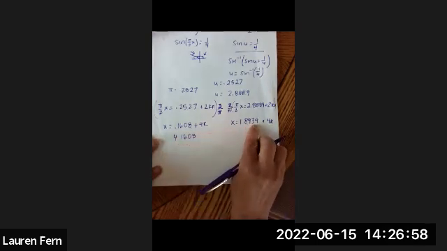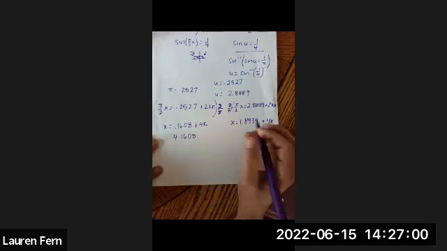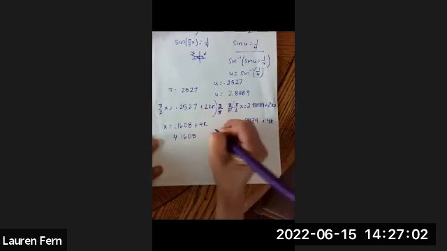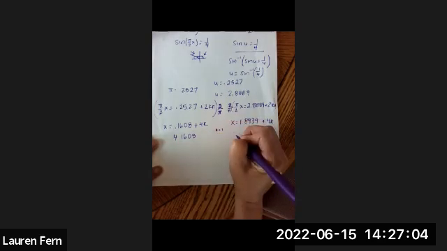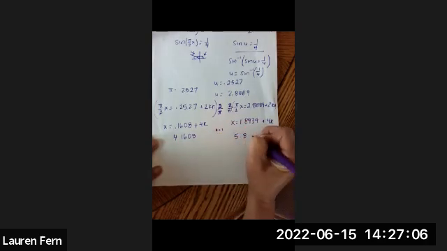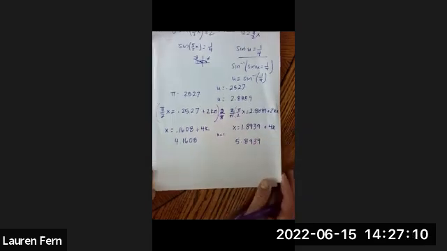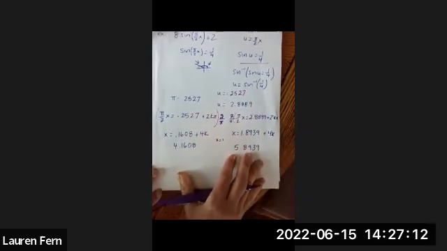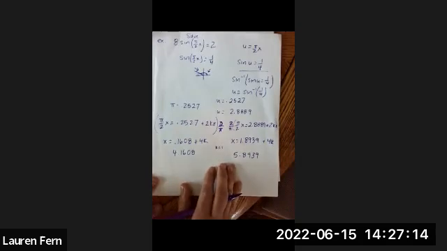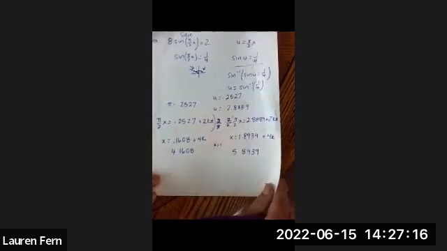And one solution for this guy is 1.8939. And if I set k equal to 1, then my other solution is going to be 5.8939. So notice what we've done here has really followed from what we did in our previous section.